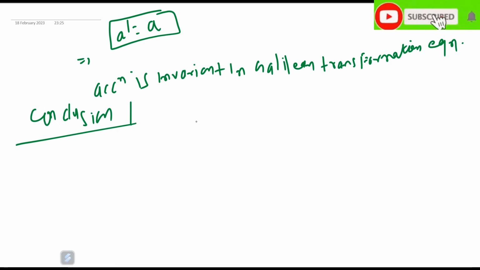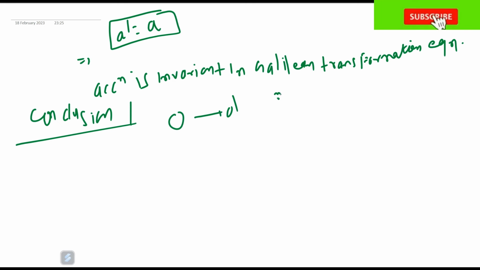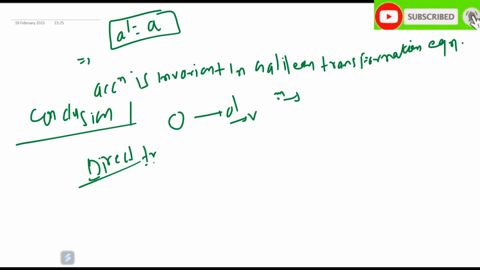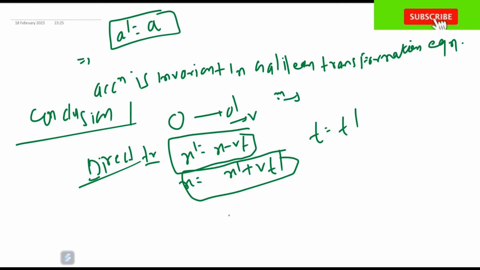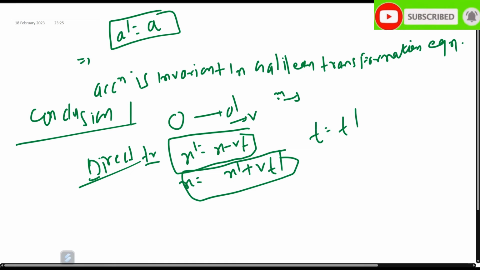Okay, so what we have done, we have related O to O prime for a particle of mass m, and this S prime moves with velocity v, and so we have got the direct transformation x prime equal to x minus vt and x equal to x prime plus vt prime, and here t equal to t prime, and there's no motion in y and z.